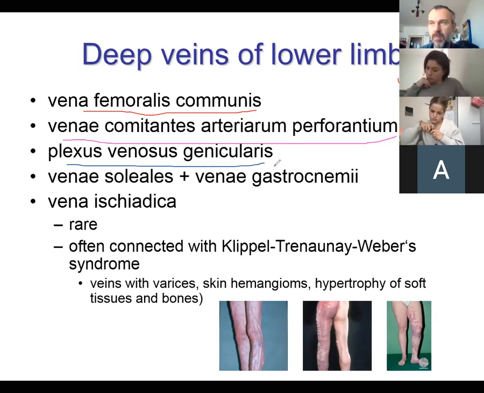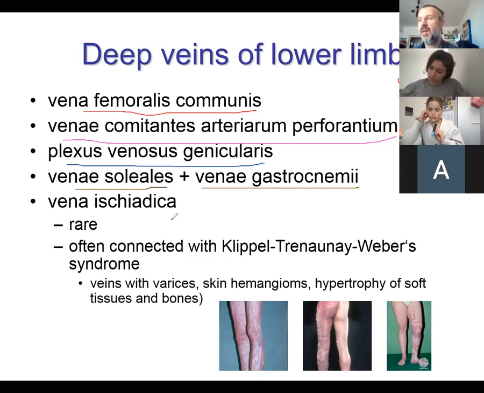Okay. What do we call the arteries supplying the gastrocnemius muscles? You remember? Sural arteries, of course, sural arteries. But these sural arteries have different counterparts: gastrocnemial veins, and from the soleus, soleal veins.